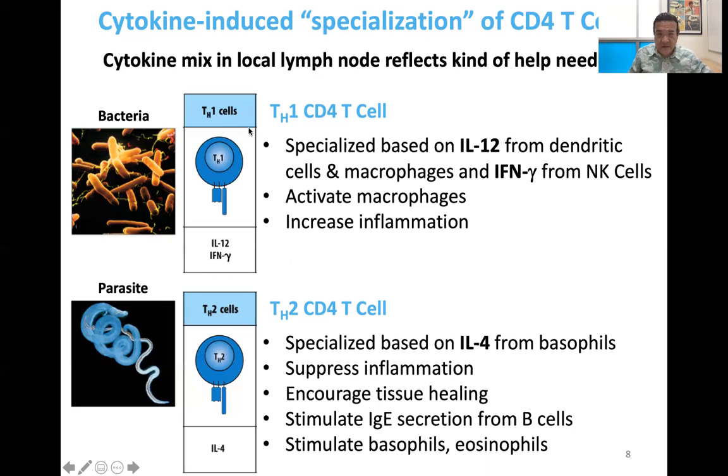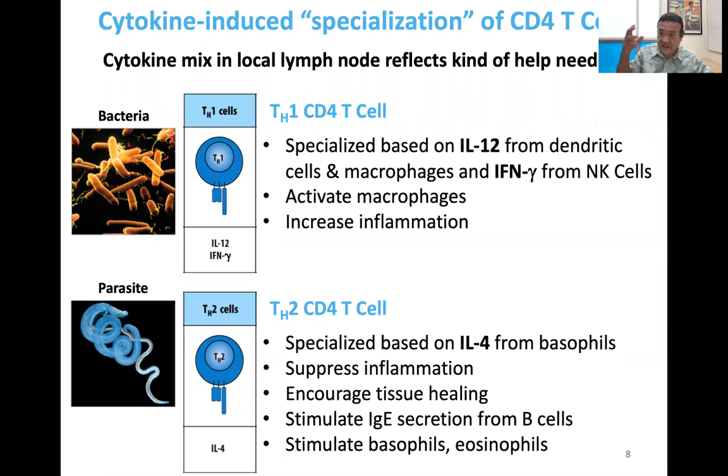So let's say, for example, if the CD4 helper cell is mixed with IL-12 and interferon gamma, right, then these signals are coming from things like dendritic cells and macrophages and natural killer cells, right, from the site of infection.